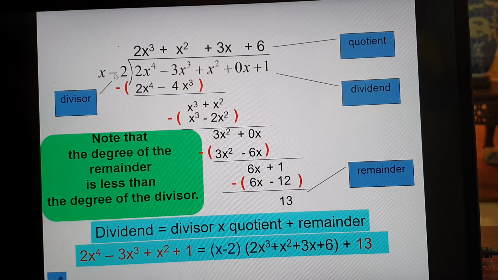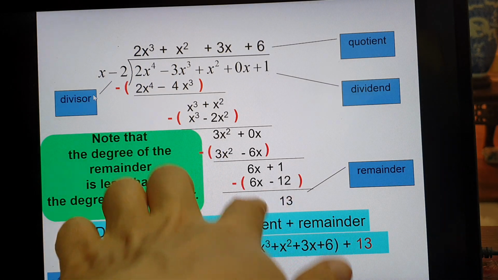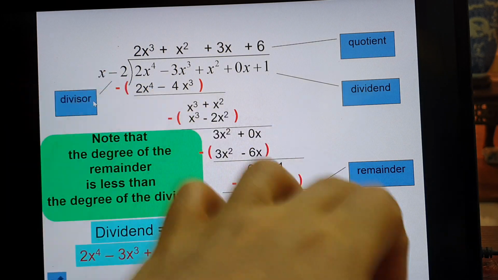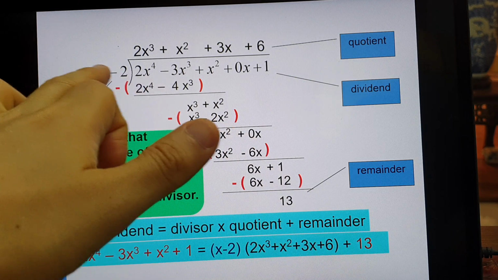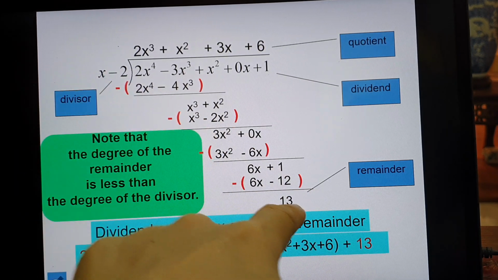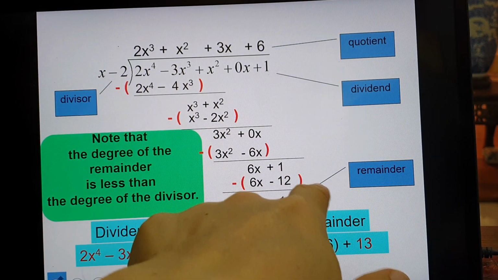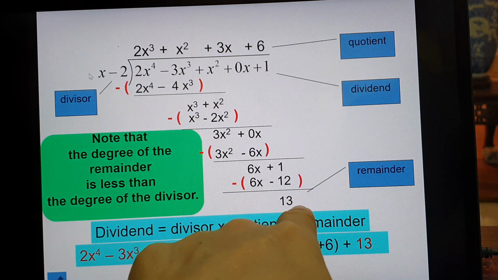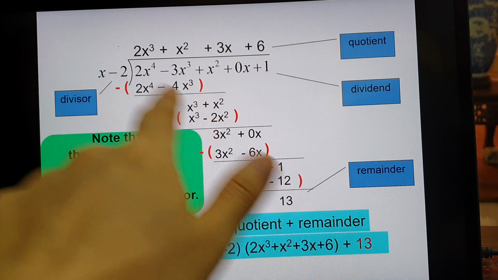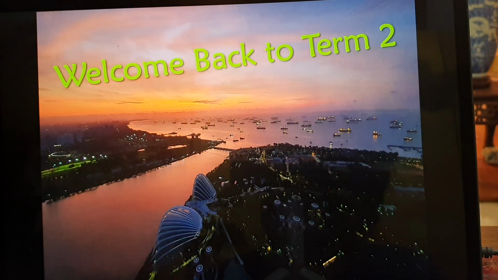Why? Because if it's more than or equal, you can still divide. So the degree has to be less than this degree. Degree means x to the power of something, the highest power. So the highest power for this actually is x to the power 0. 0 is less than 1. That's what we are trying to tell you.